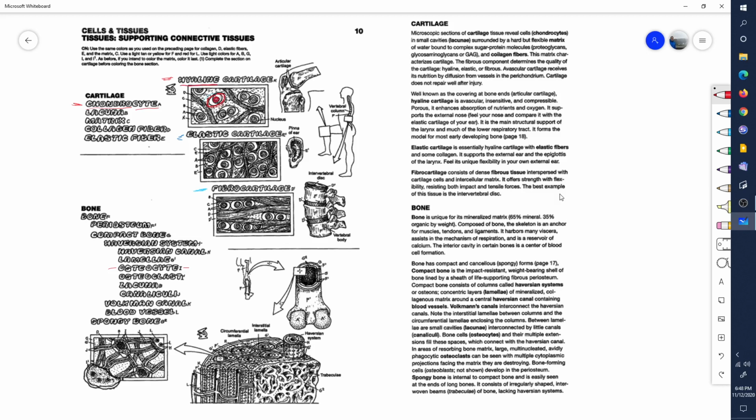Notice how elastic cartilage also has chondrocytes, and in fibrocartilage, you also see chondrocytes. What's a chondrocyte again? Cyte means cell, chondro means cartilage.